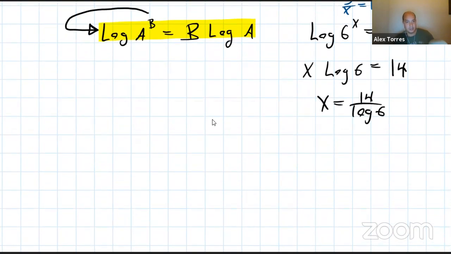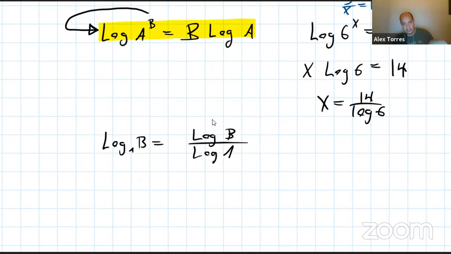And we have one last one, which is the change of base formula. It says that the log base a of b is equal to the log of b over the log of a. So how could we use that one?